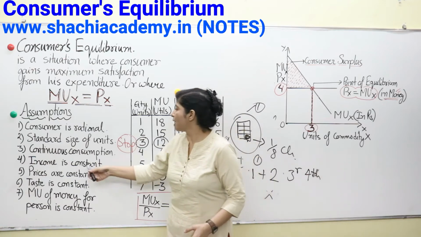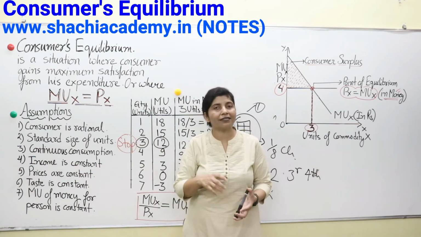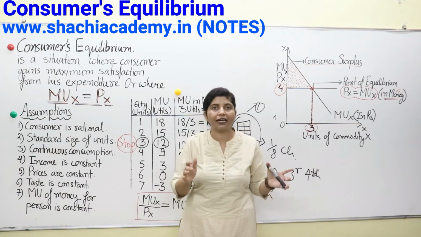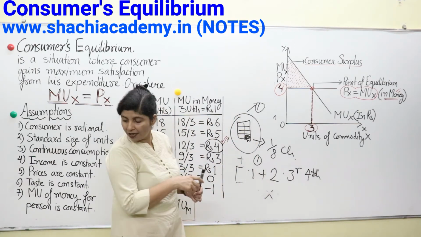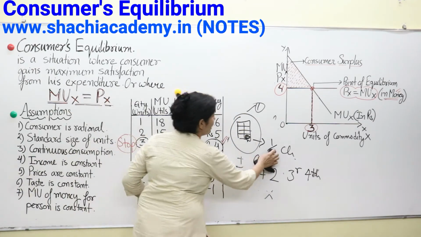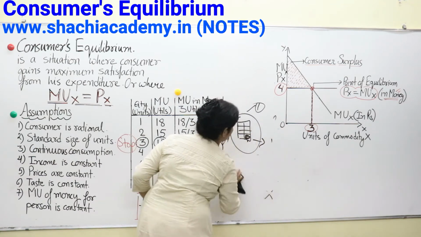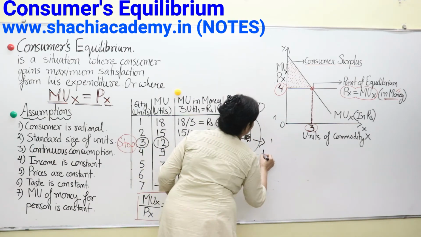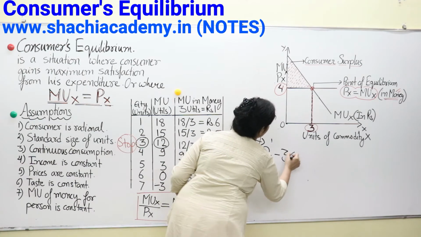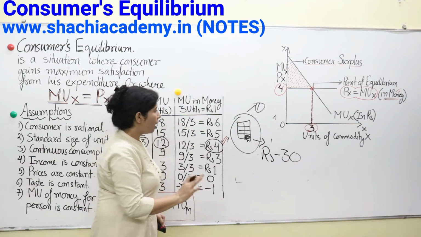Okay. Then prices are constant. What does it mean? Prices remain constant for any commodity, say for instance, a chocolate. If its price is 30 rupees, it should remain 30.